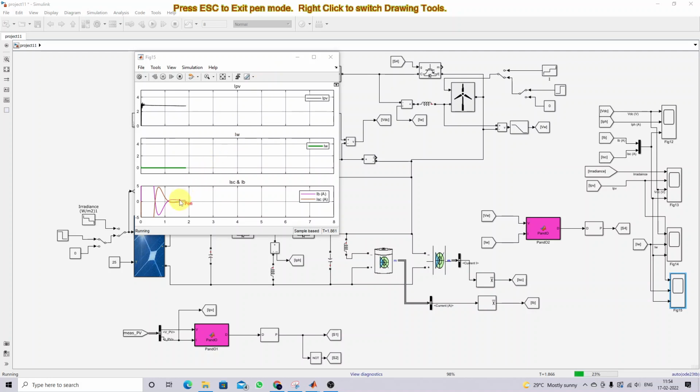Now the battery is discharging, and the supercapacitor goes for charging and comes to 0. We will check the response after 3 seconds, because at 3 seconds the PV irradiation is changed from 1000 watts per meter square to 500 watts per meter square.